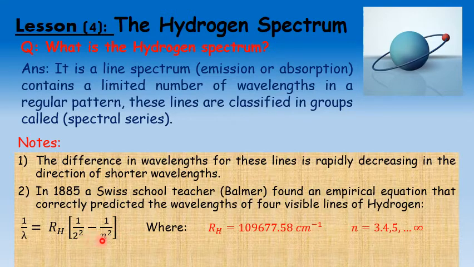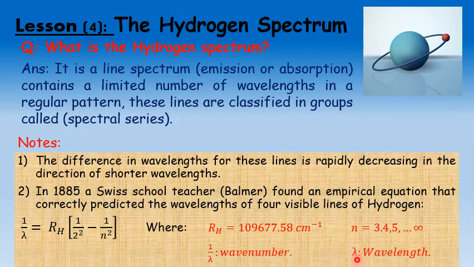And this n here is a variable. It starts with 3, 4, 5, and so on till infinity. That means the first number of n is 3, then 4, 5 to infinity. And 1 over lambda, we call it wave number.